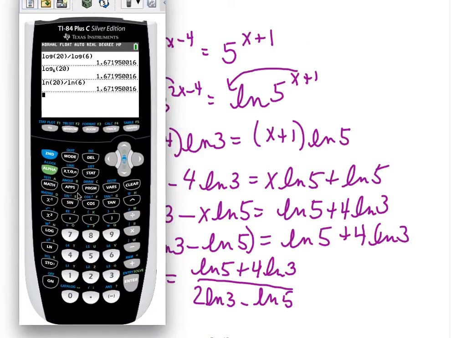So you have parentheses, so you have that in your numerator, ln of 5 plus 4 ln of 3, and you need an end parentheses, and now you want to divide by this whole quantity in the denominator, so there's a parenthesis there, 2 ln of 3 minus ln of 5, and then a closing parenthesis here.